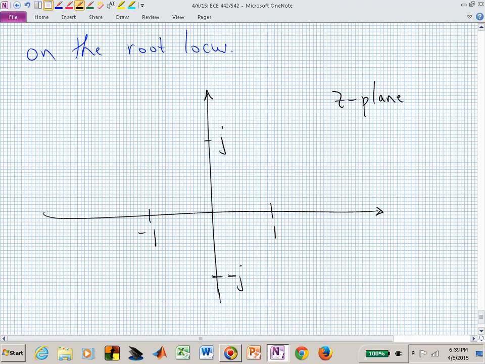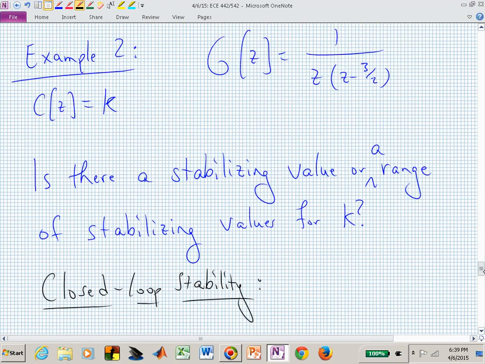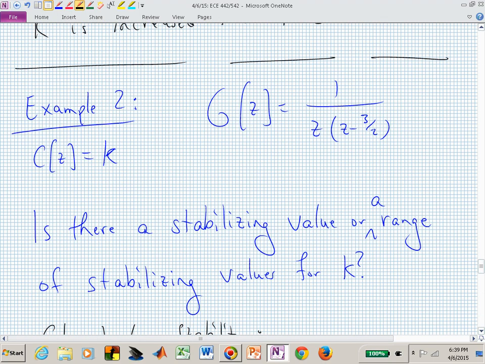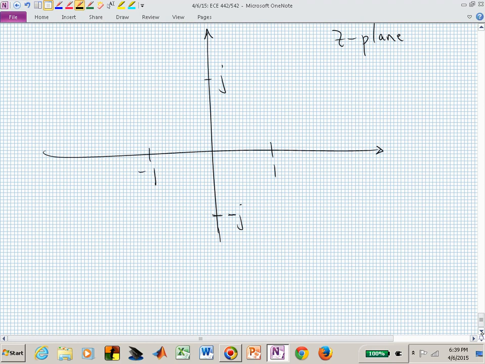And that would start to get you some credit. Do we have any finite zeros in our g of z in this example? No, we had no finite zeros, so we have no zeros. Do we have any x's? Poles, finite poles. Yes, and those are at 0 and 3/2. We can now sketch a pole there and a pole at 3/2.